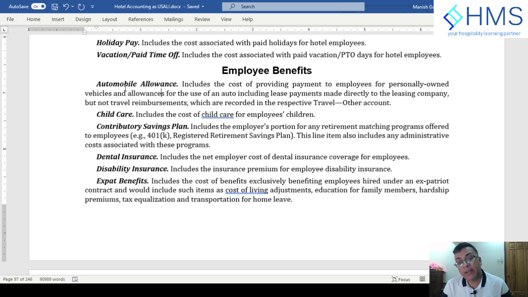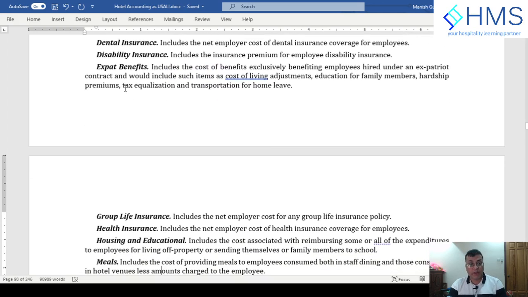Usually you will create a sub ledger for expatriate benefits covering the separate costs, including the payroll tax, the gross-up tax which you are paying on behalf of the employee, the cost of accommodation, electricity, the education of the expatriate kids, the cost of transportation to their home country on an annual basis, and relocation benefits.